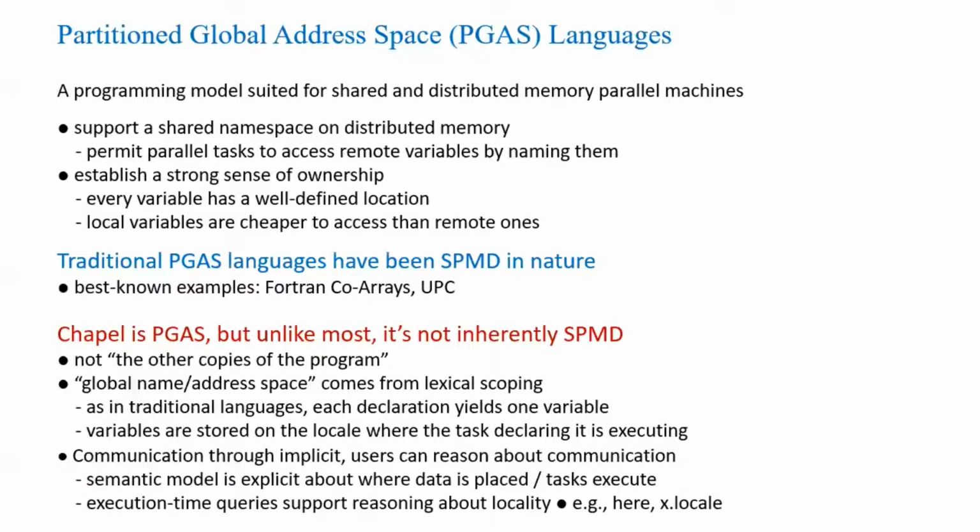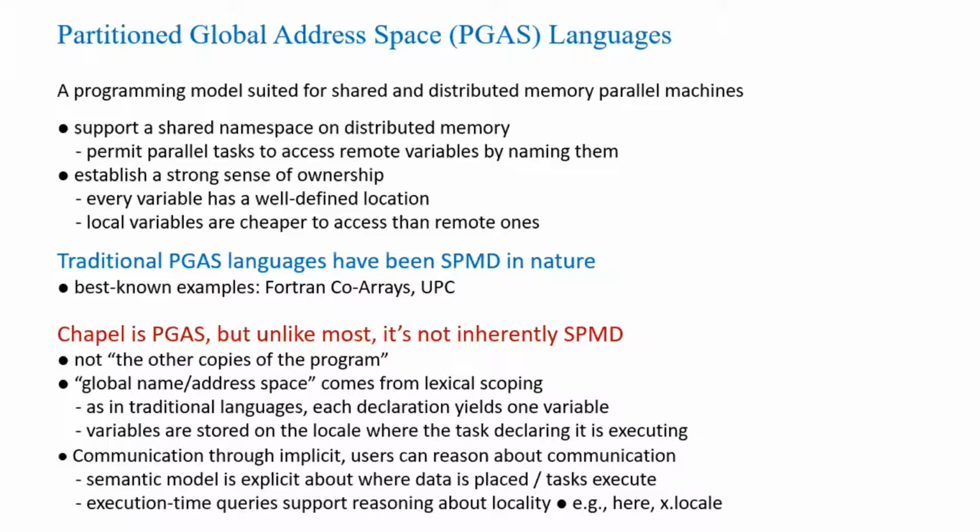In abstract terms, PGAS supports a shared namespace on distributed memory. That permits parallel tasks to access remote variables by naming them. That's the key for all kinds of the so-called HPC languages.